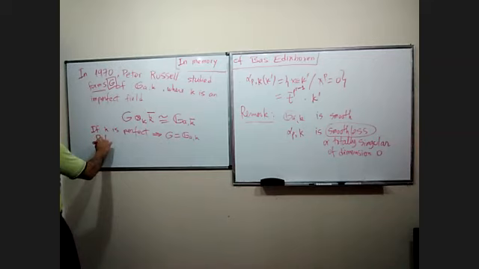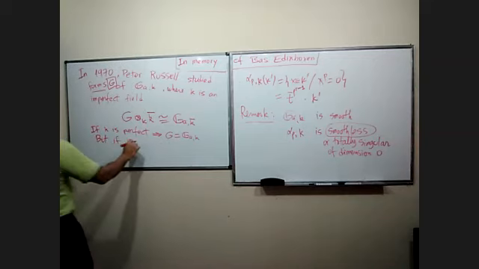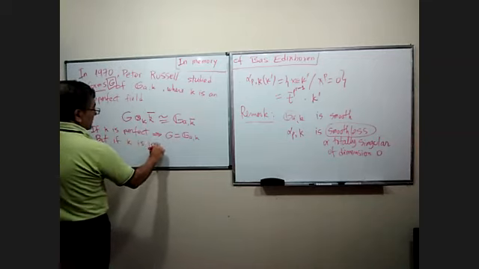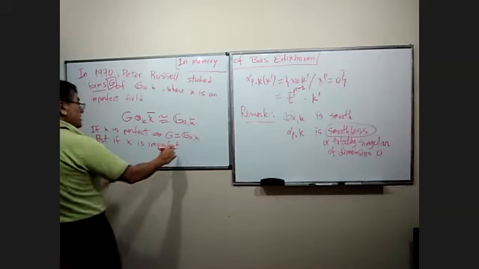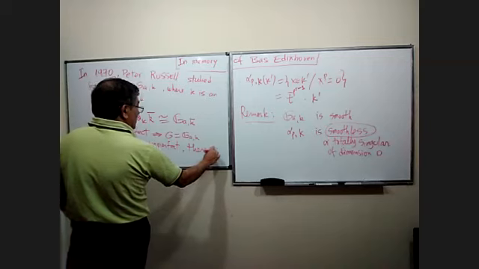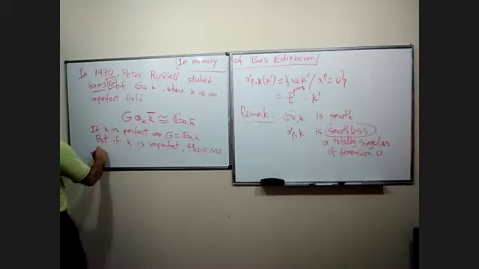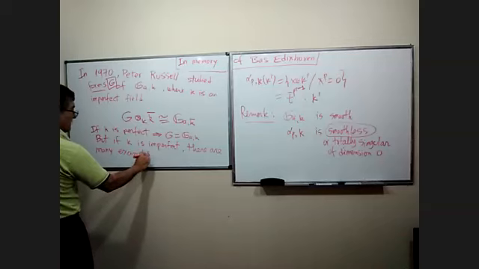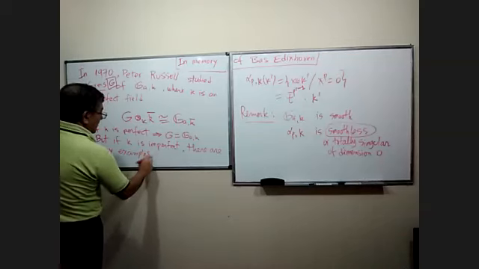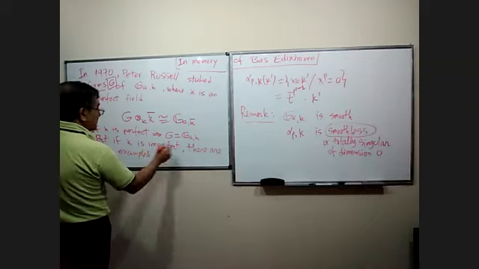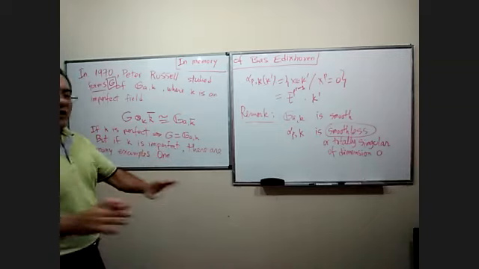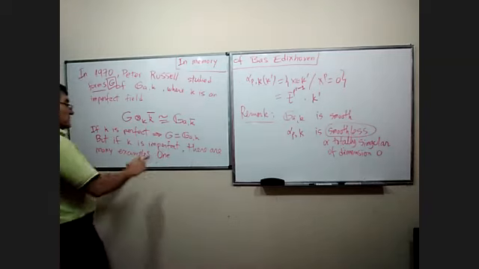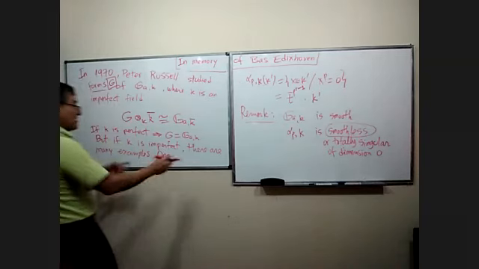But if K is imperfect, there are many examples. One of the oldest, perhaps the oldest. I don't want people to start writing to me telling me, hey, that's not the oldest, I have another one.